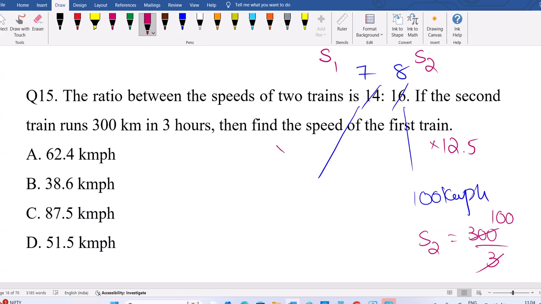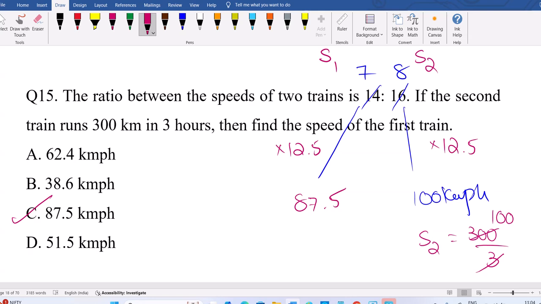7 with 12.5 will give 7 into 12, 84, and half of 7 is 3.5, so 87.5. Option C. No need of the exact value: 12 into 7 is 84 plus something, and 80 plus is only one option. The options have pretty much deviation available. 87.5 is your answer.